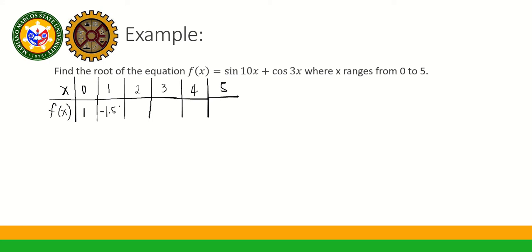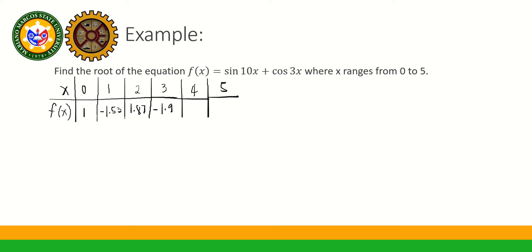Okay, then for x equal to 2, what is the value of our f of x? That is positive 1.87. And when x is equal to 3, our f of x will be equal to negative 1.9.